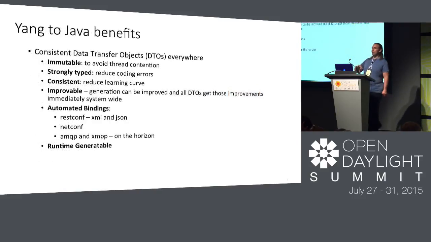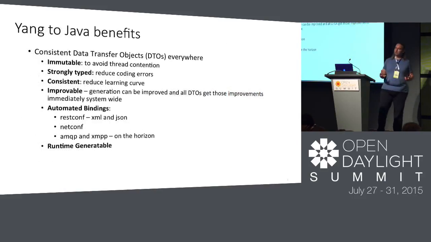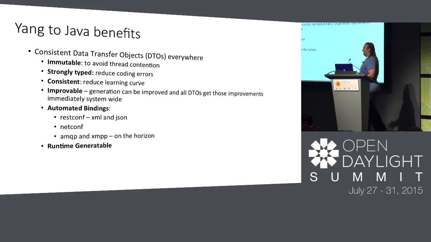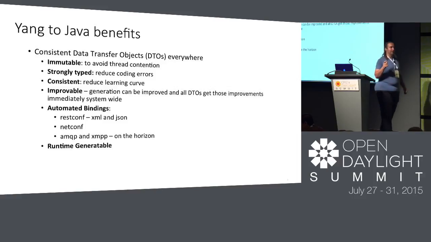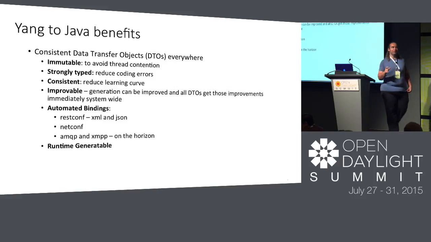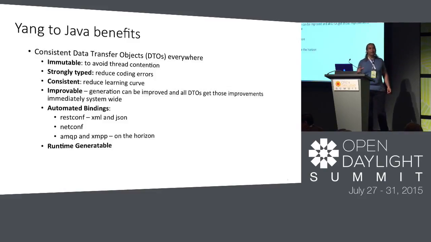So, benefits of having Yang generate those Java classes. It turns out that when you're generating Java classes, particularly data transfer objects, DTOs, there are certain characteristics that are incredibly valuable to reliably have. A really strong one off the bat is immutability. Because if I have immutable data transfer objects, they can't change. If they can't change, I don't have to worry about locking behaviors around them as they pass across threads.